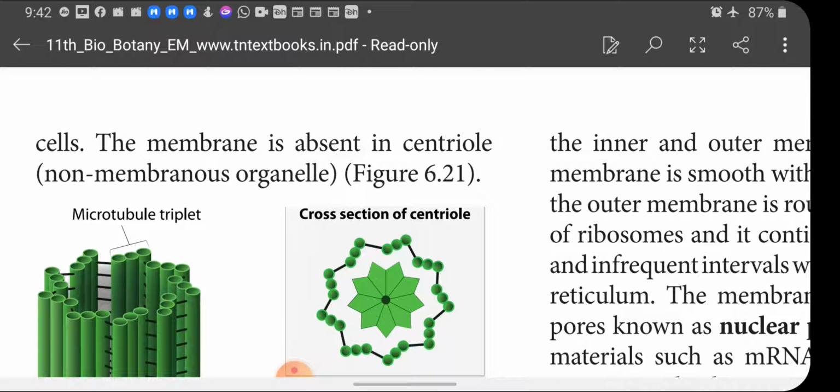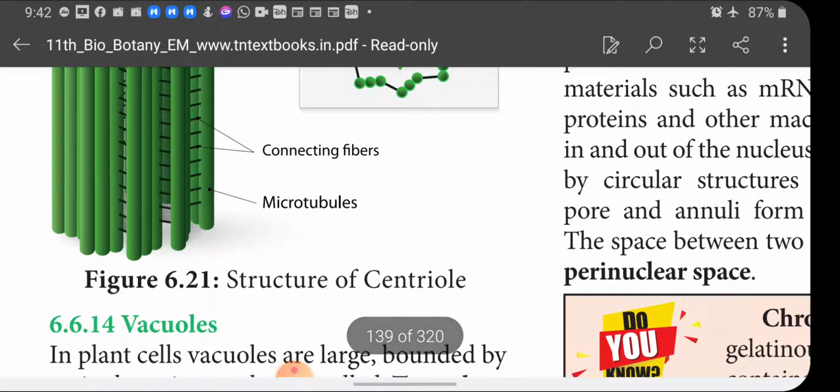Previously we saw that glyoxysomes, peroxisomes, lysosomes and ribosomes are covered with a single membrane, but this centriole does not have any membrane around it. Endoplasmic reticulum, mitochondria and chloroplast are surrounded by two membranes. Lysosomes and glyoxysomes are surrounded with a single membrane, but we cannot see any membrane around the centriole. So it is a non-membrane organelle.